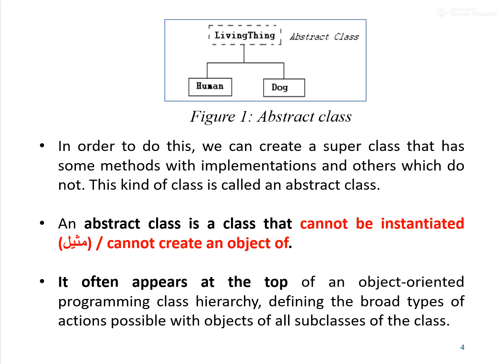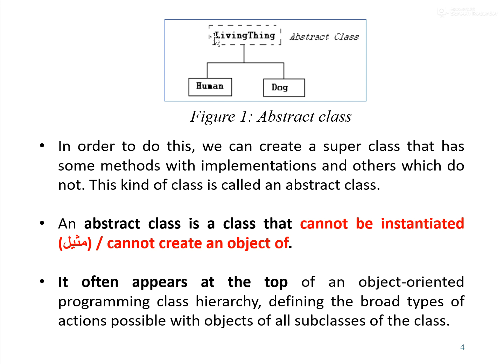Another very important thing to remember is that if you declare a class as an abstract class, you cannot instantiate it, meaning you cannot create an object of that class. You can create objects of its subclasses, but not of the abstract class itself.